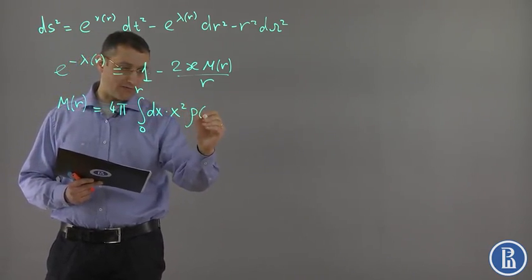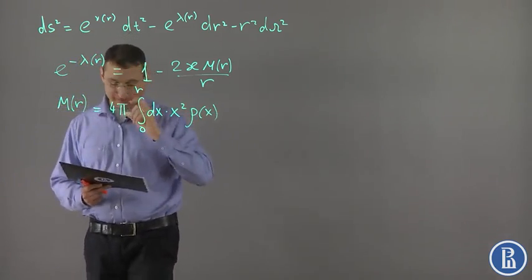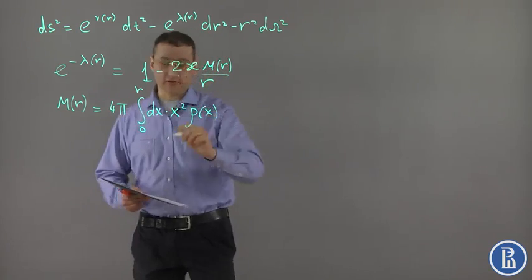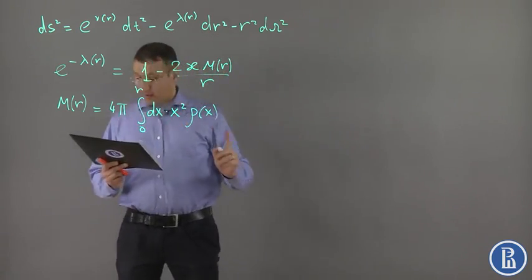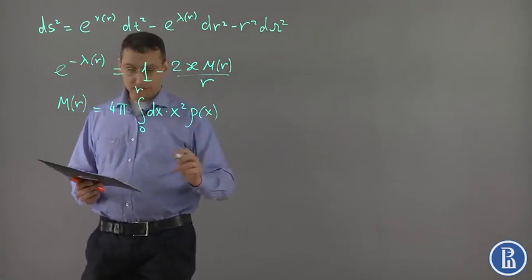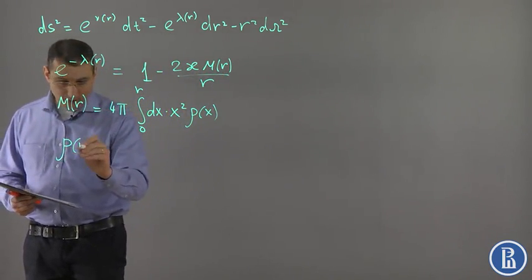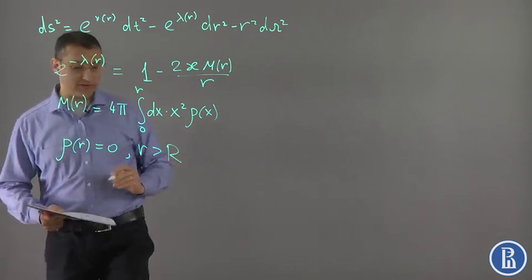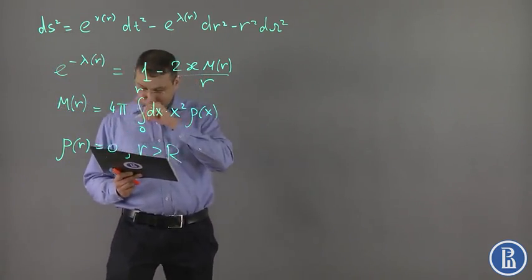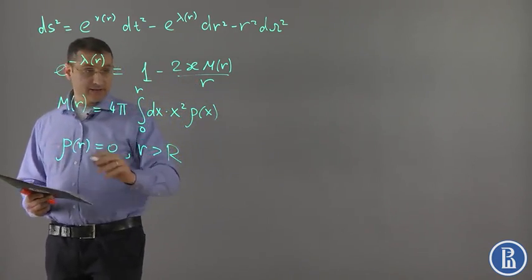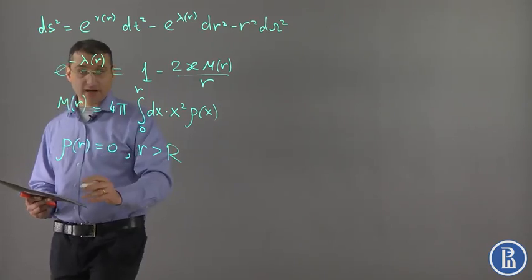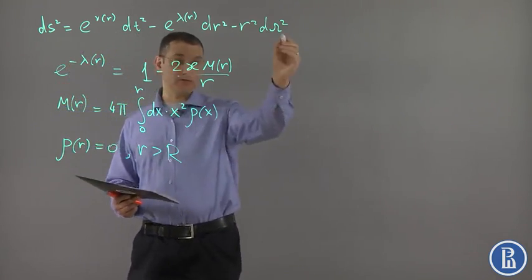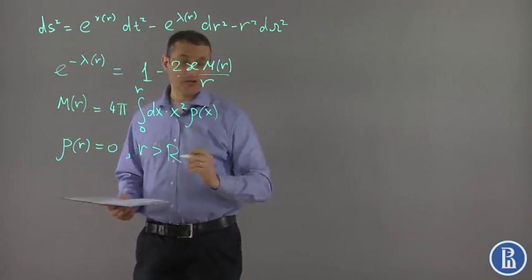squared rho of x. And to derive this, we have used the fact that rho is a function of r only. And obviously rho of r is equal to 0 for r greater than the radius of the star. And as a result, we obtain that outside of the star, this part of the metric is reduced to the Schwarzschild one.